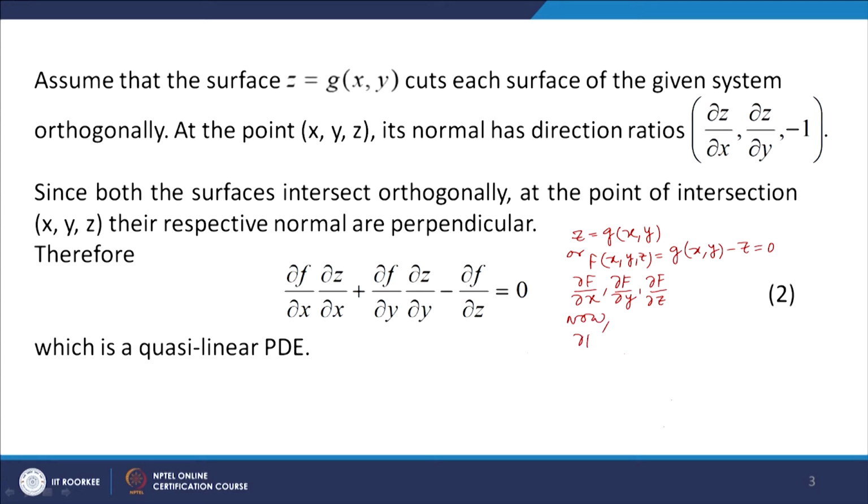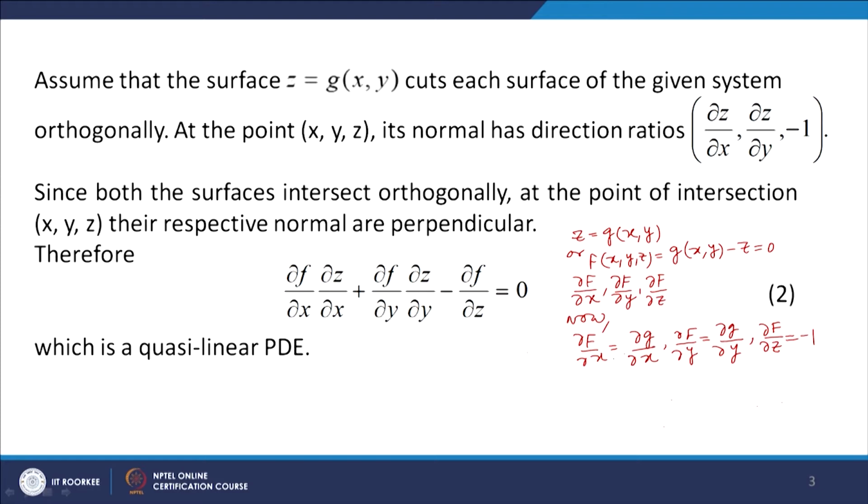Now f_x is equal to the derivative of g with respect to x, f_y is equal to the derivative of g with respect to y, and the partial derivative of f with respect to z is -1.